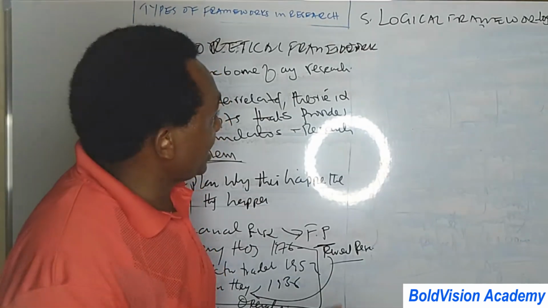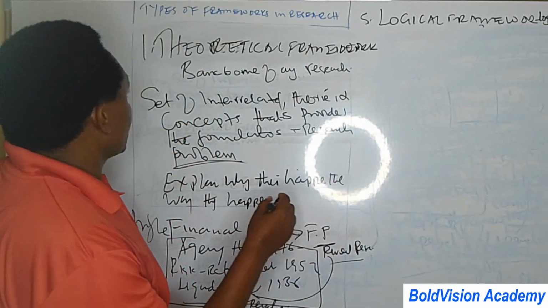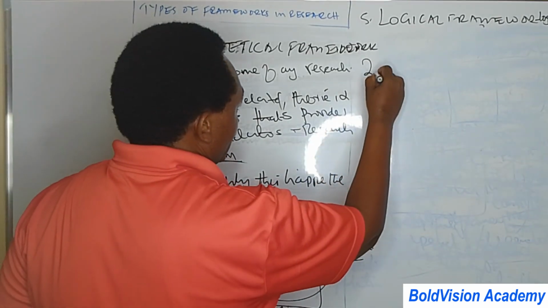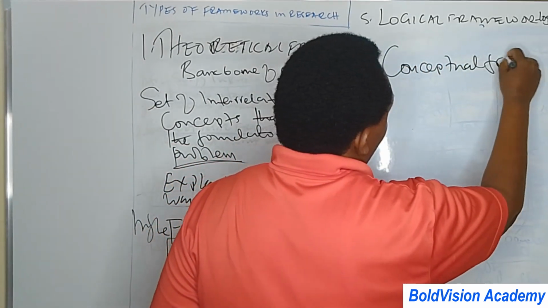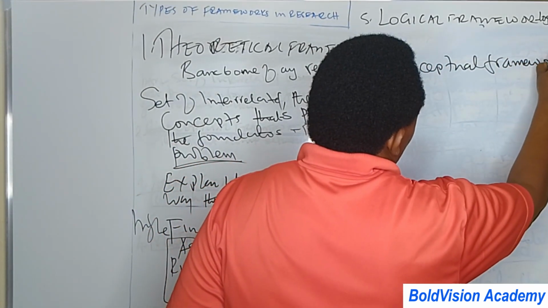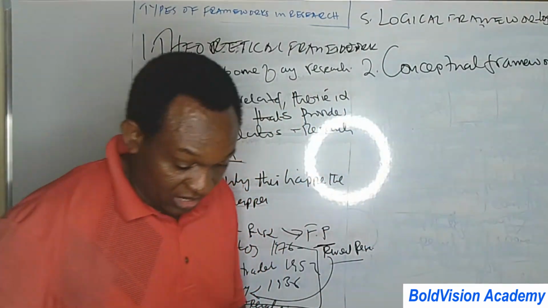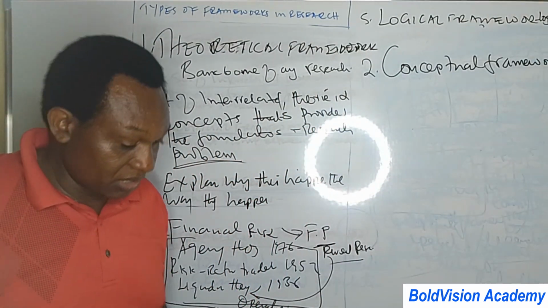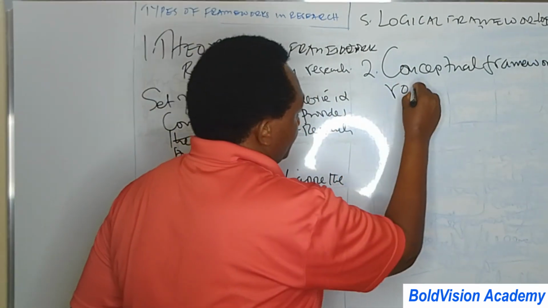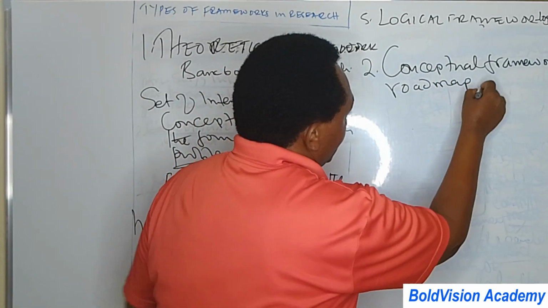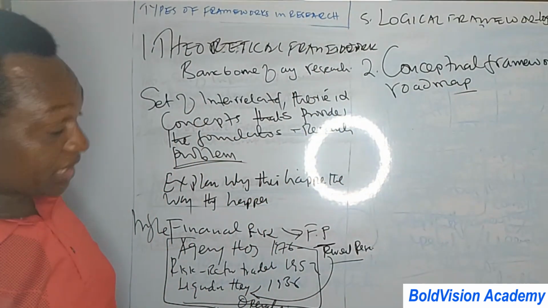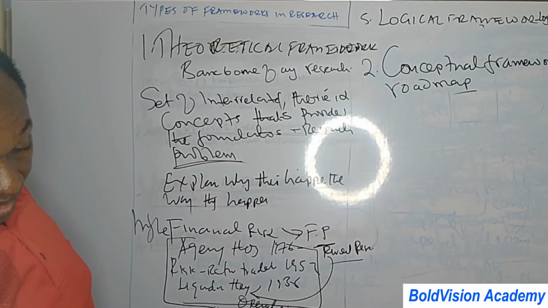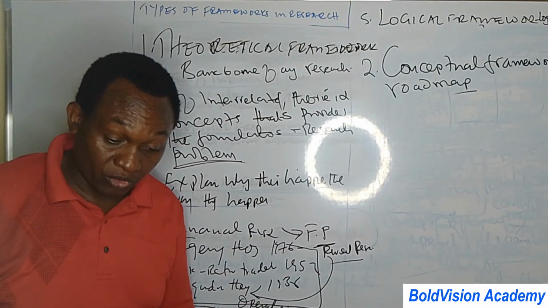And that takes us to the next framework, which is number 2, the conceptual framework. So the conceptual framework is basically a roadmap. You are telling the people who are going to use your work, this is the roadmap that I'm going to use.